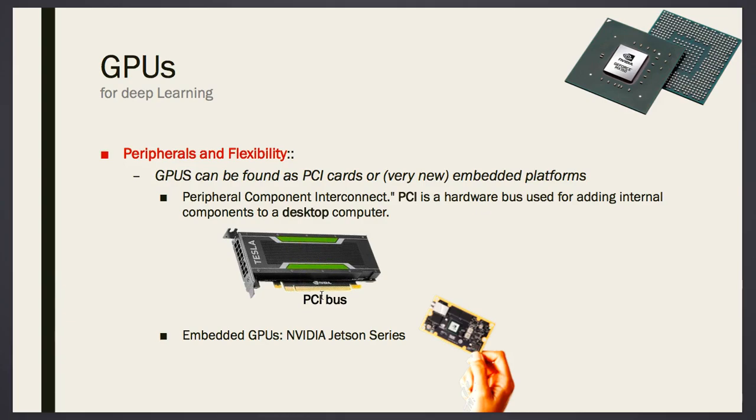There are very recent embedded solutions, guys. NVIDIA, the main company that produces GPUs, has created this Jetson series. They are simpler and more limited in computational power, but they are more power efficient and very small. So you can find different embedded solutions for them. They are becoming more flexible every day.